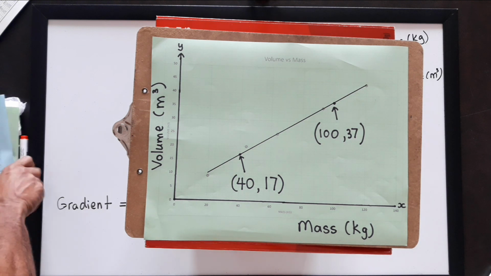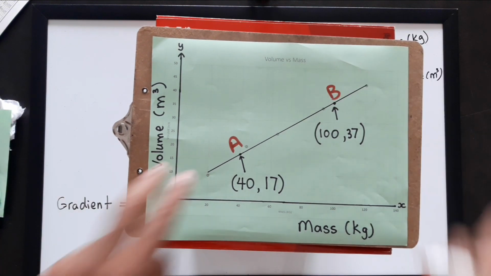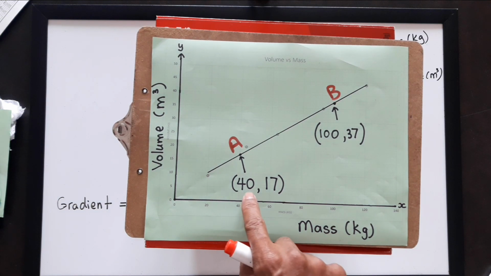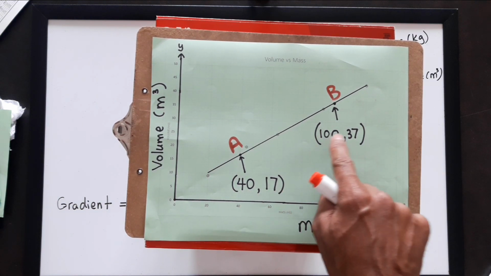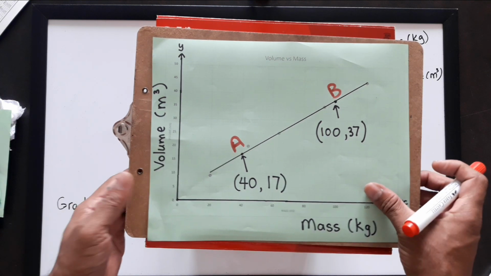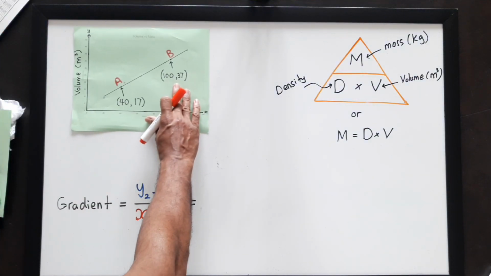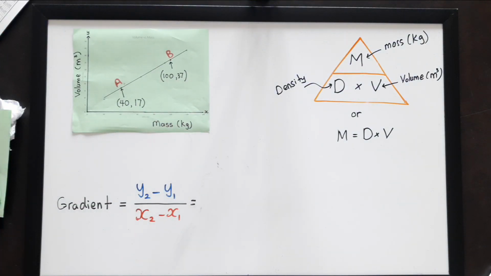I'm going to call this point A, the first one, and the second one point B. And here's the x value and the y value, the x value and the y value. Right? Identifying the x and y value should be easy at this point in time. All right, so let me put back this graph paper to a more convenient location. All right. So let's calculate the gradient of this line and let's see what it could represent.